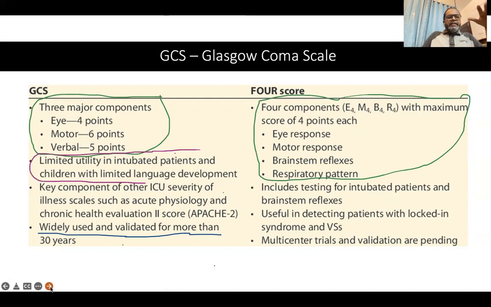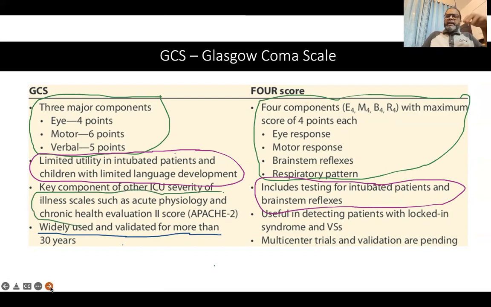The issue is that the GCS has a limited role in patients on an endotracheal tube or tracheostomy, or it is misleading, as these are confounding factors. But the FOUR score can definitely be assessed in these kinds of patients. Again, in ICUs, the GCS score is less relevant.